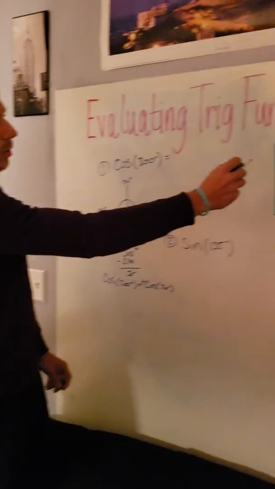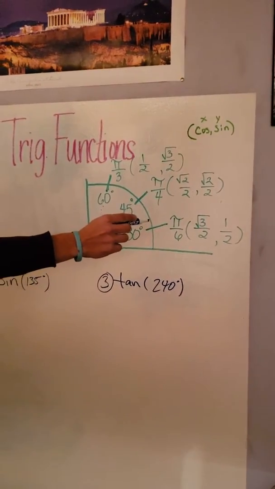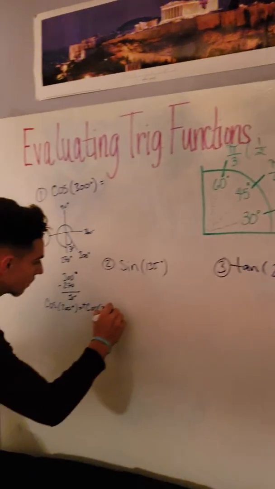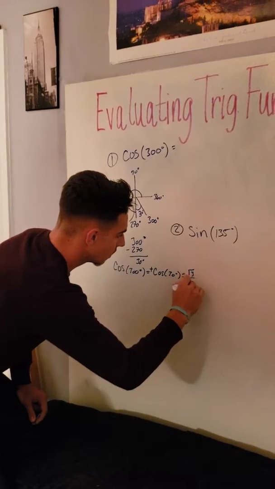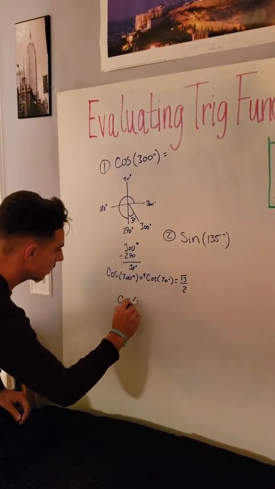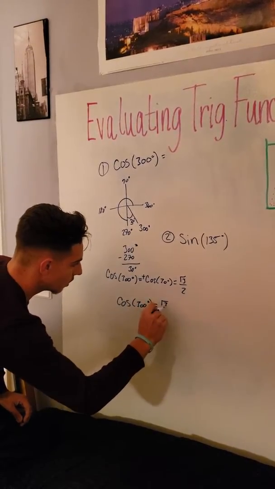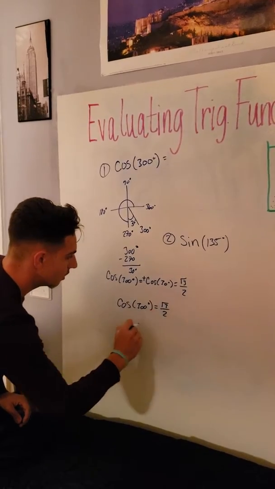Then we go back up over here, and the cosine of 30 degrees is square root 3 over 2. So therefore, we know that the cosine of 300 degrees equals square root of 3 over 2.